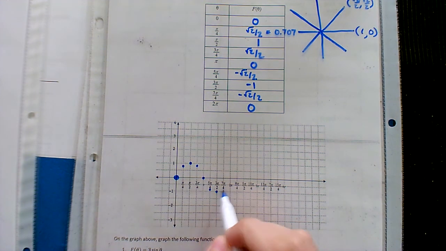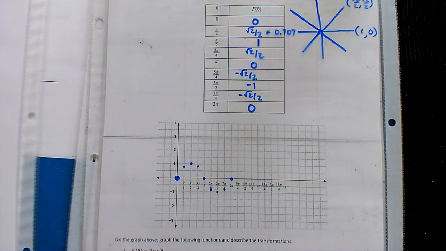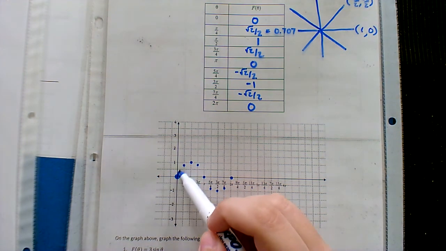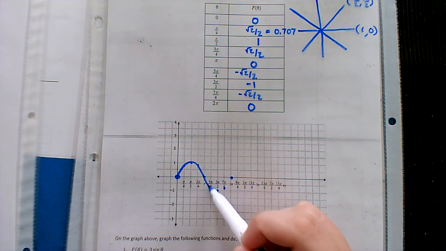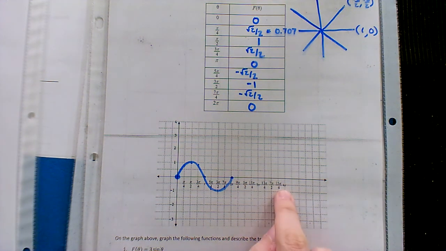And we'll repeat the process. So if we were to connect the dots, notice how we would get this wave-looking shape. Could we keep going? Notice how our x-axis goes all the way out to 4 pi.